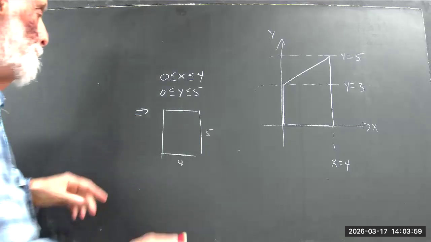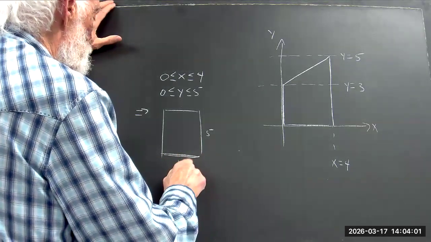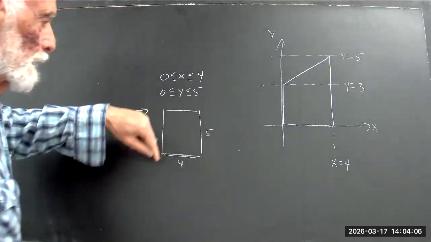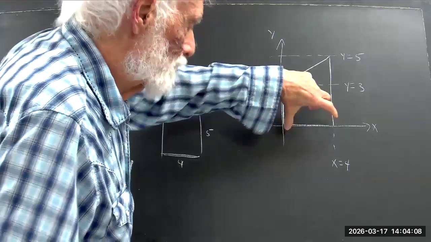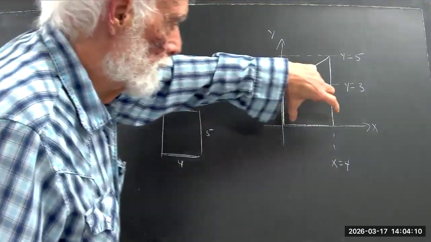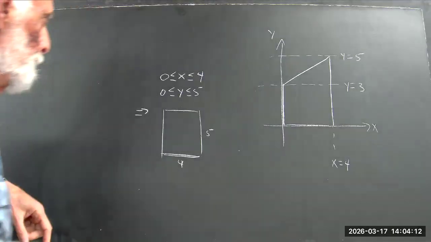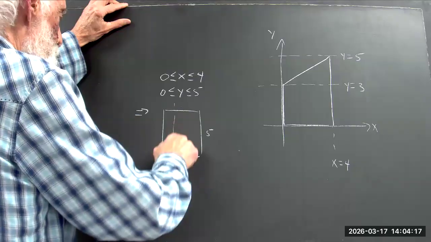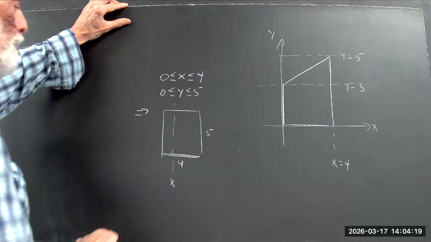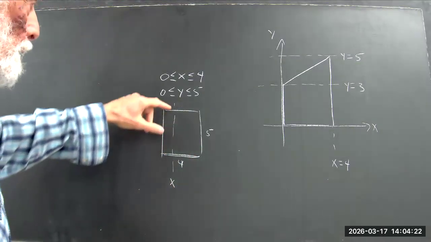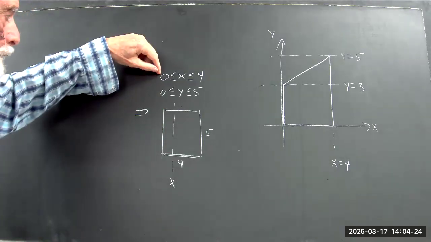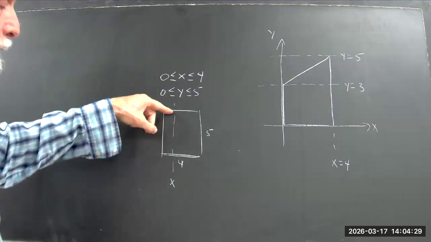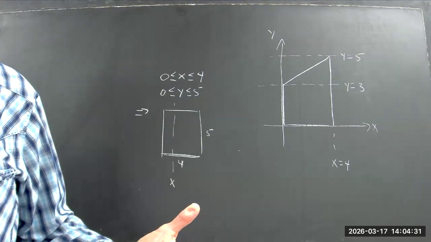Now, the idea is for every x between 0 and 4, and implicitly, the footprint of this rectangle is the same as the footprint of this trapezoid, okay? For any given x, what are the limits on y? This says for every x between 0 and 4, y goes from 0 to 5. Does that make sense?